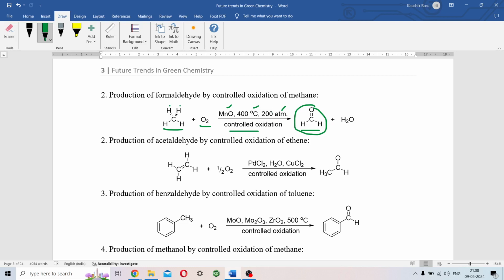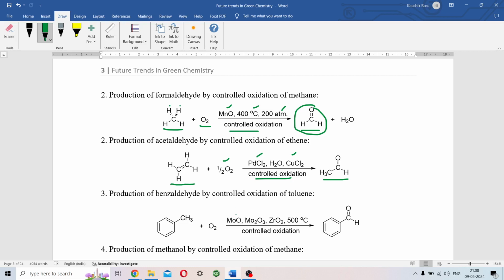but certain conditions are maintained so that the oxidation stops at the aldehyde stage, and this is done regularly on an industrial basis. So if you can do that, it is expected that from a 2 carbon feedstock material like ethylene, we can possibly generate acetaldehyde, which is another valuable feedstock material, and that has also been done. This time the catalysis is done with palladium chloride and cupric chloride, and then again it's another example of a controlled oxidation.